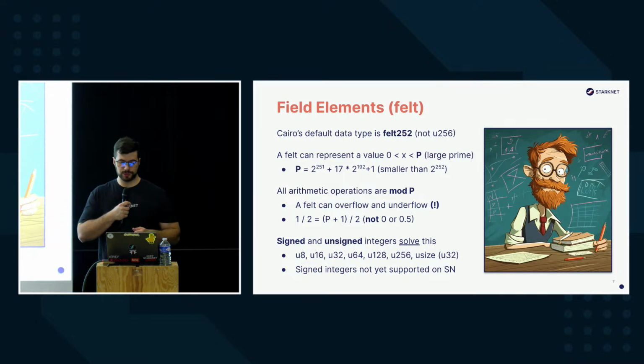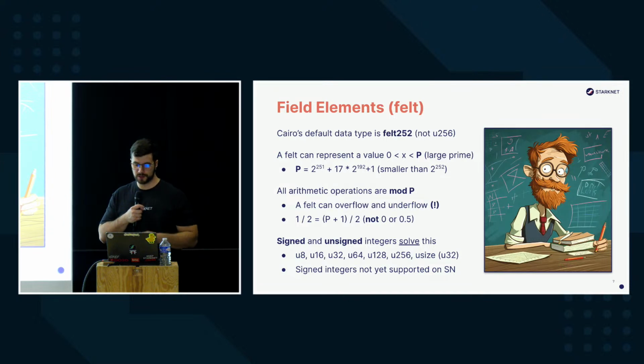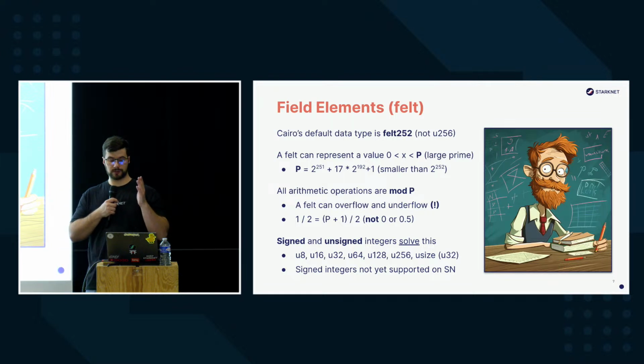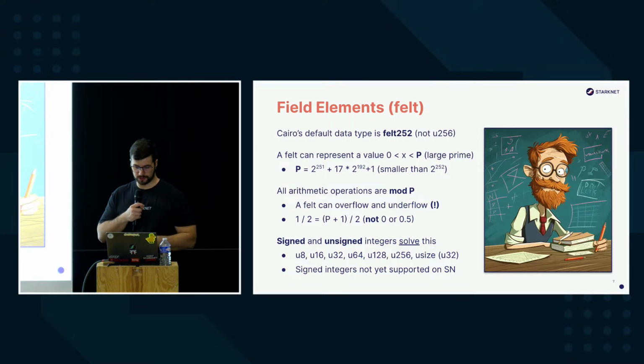And then we have a generic unsigned integer, which is usize, and the default type is u32. We also have support for signed integers in Cairo, from i8 until i128. But currently, they're not supported on Starknet. So you can write them in Cairo, but if you deploy smart contracts on Starknet, they're not supported. You're going to have overflow and underflow issues.